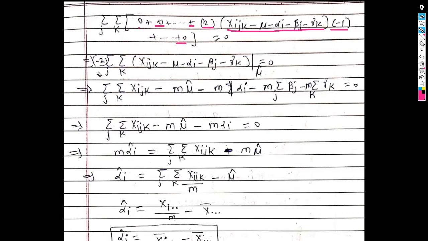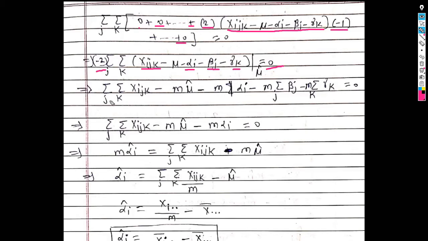So in the next step we get minus 2 summation (xijk minus mu minus alpha i minus beta j minus gamma k) under the value of mu hat, equate it to 0. Now this minus 2 is multiplied here, so divide it away, and take this summation inside the bracket.